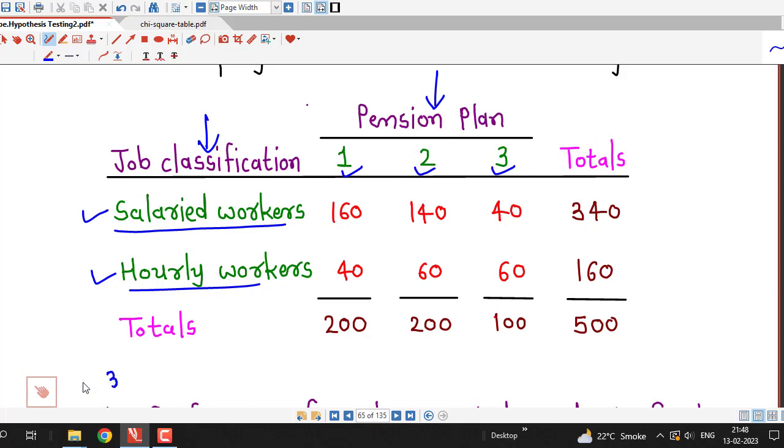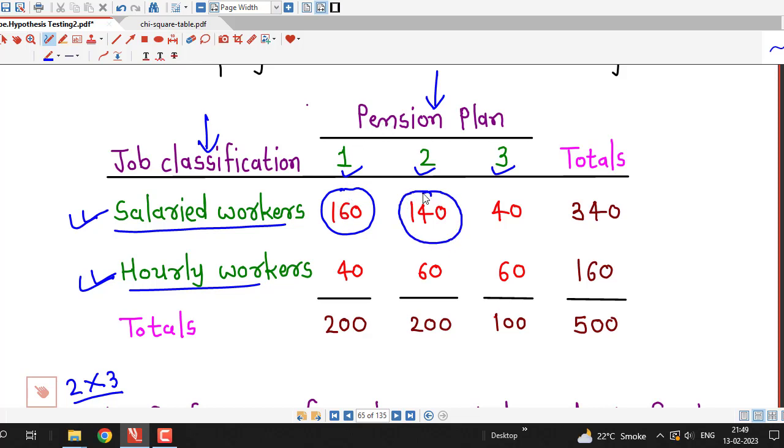So we have 2 rows and 3 columns. The 2 job classifications we consider as 2 rows, and the 3 pension plans give us 3 columns. So we have a 2 by 3 contingency table, and we can understand it in this way. There are 160 workers who are salaried workers interested in pension plan number 1.